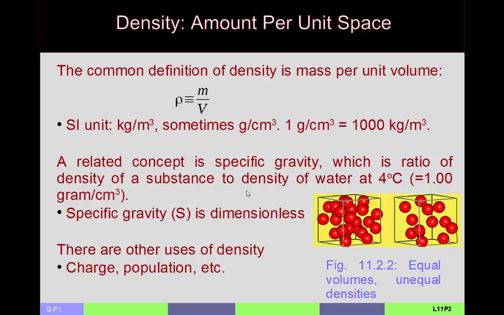That means it's going to be a dimensionless quantity. By the way, before I continue, I should note that there are plenty of other uses of the word density. You can have a charge density, for example. You can have a population density. Density might even refer to distribution per unit area or distribution per unit length as opposed to per unit volume.